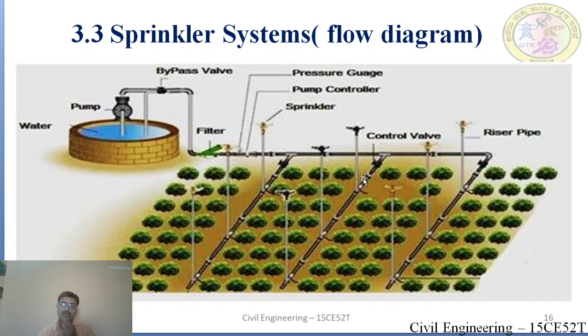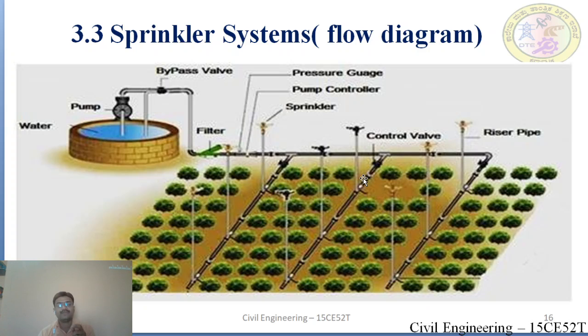There's one more function of this control valve. If the pressure of the water is less, you cannot irrigate on all the control valves, since the water is flowing in terms of rising head, and there must be enough pressure so that water oozes out from the sprinkler heads or revolving sprinkler heads.